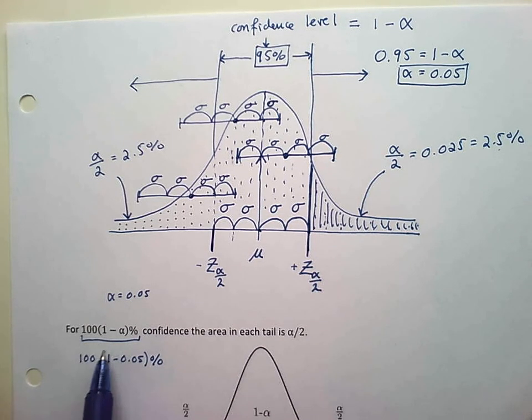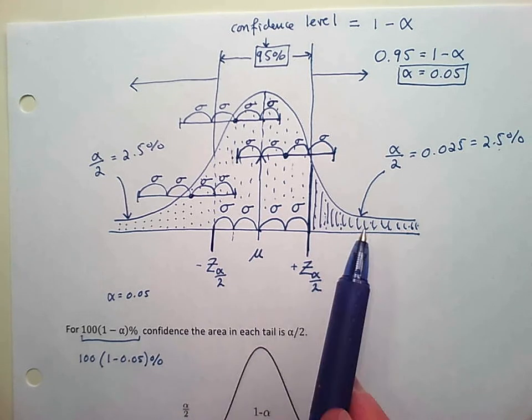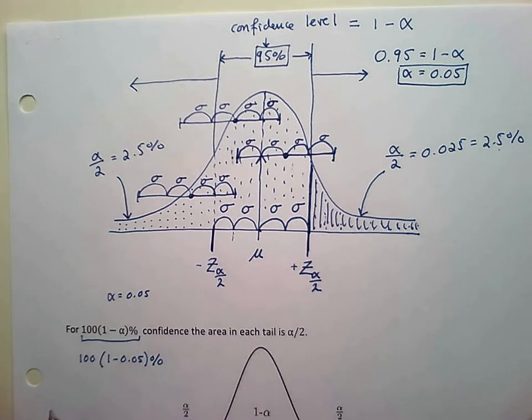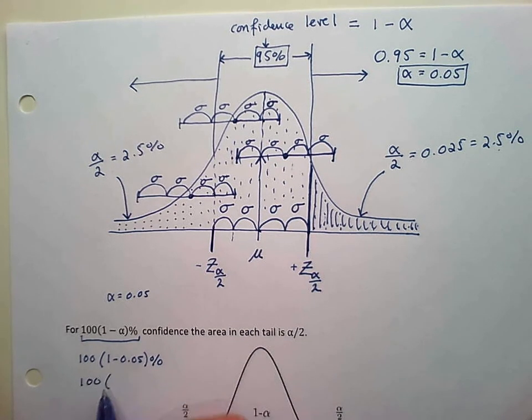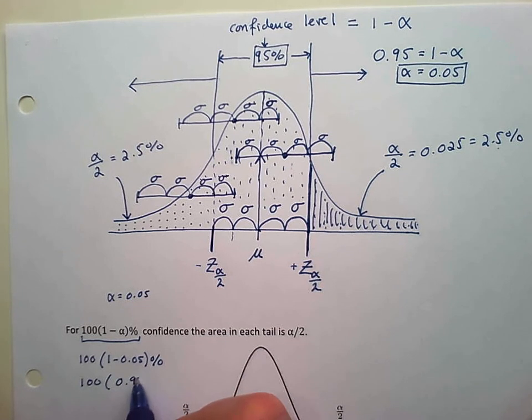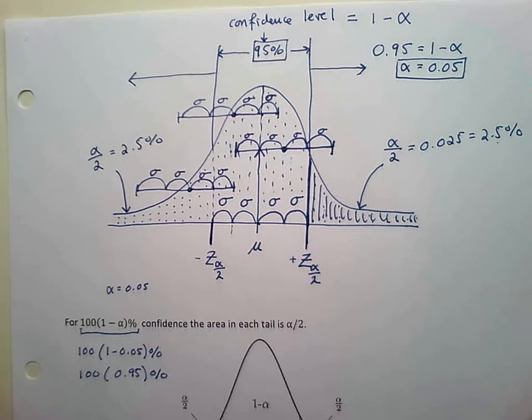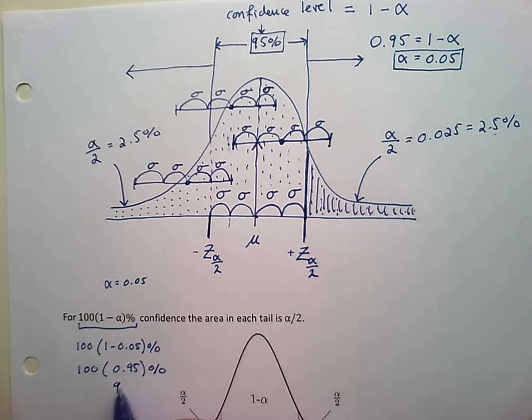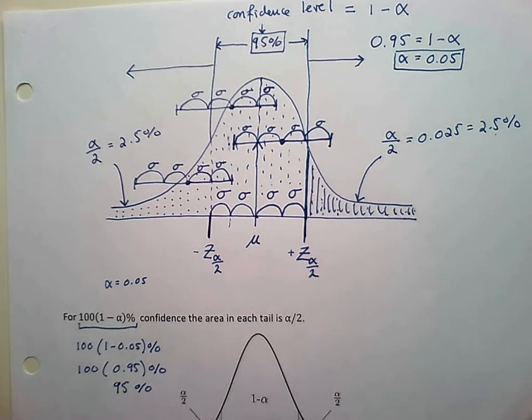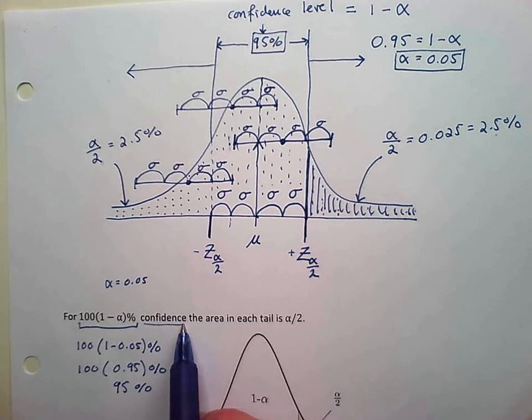This is not something that you need to memorize. I'm just showing you that these two things are saying the exact same thing. Then this right here is going to be 0.95. And if you take 0.95 times 100, you get 95%. And 95% is our confidence.